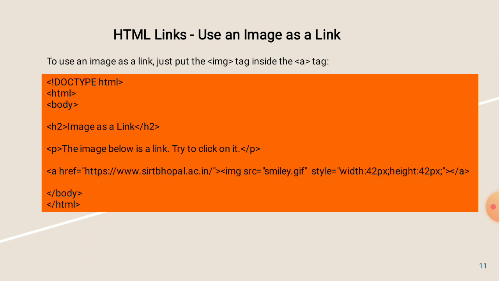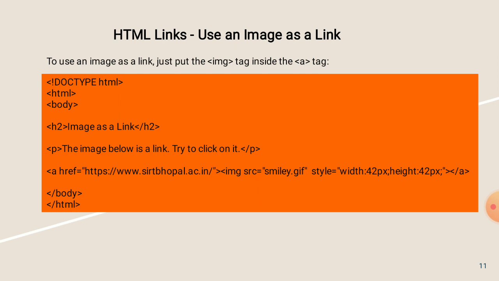So our example is: HTML start, body section start, then h2 is a heading, image as a link, heading close. Then we declare a paragraph: the image below is a link, try to click on it; this is a simple paragraph.